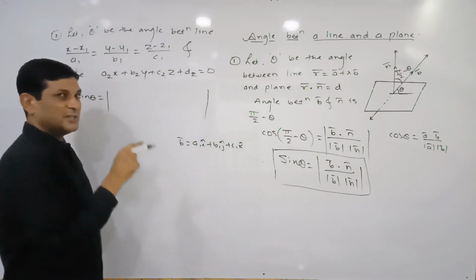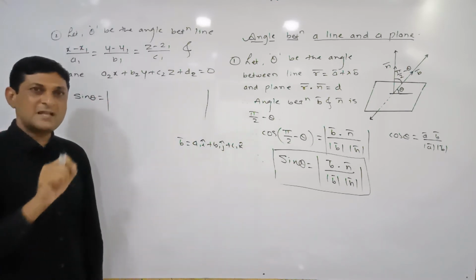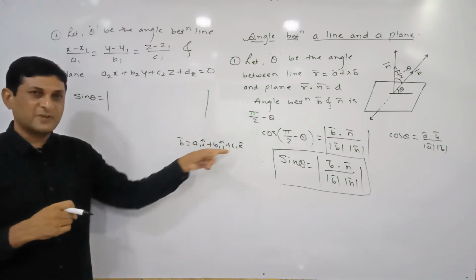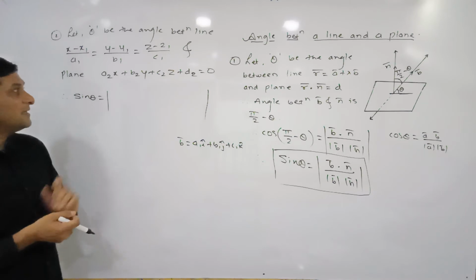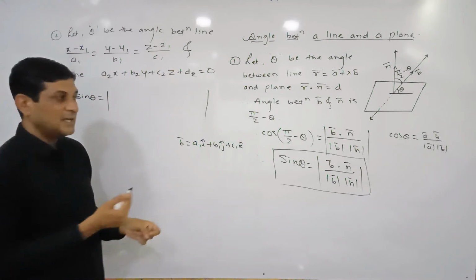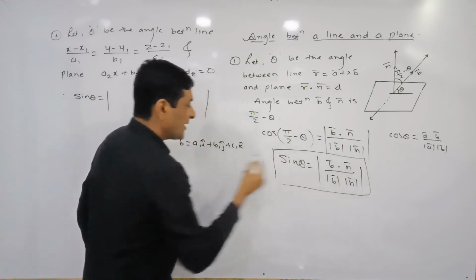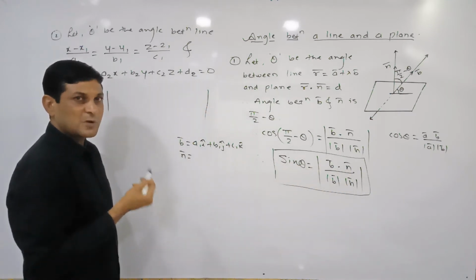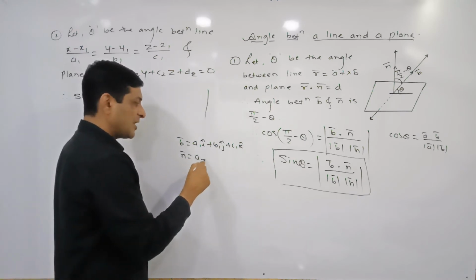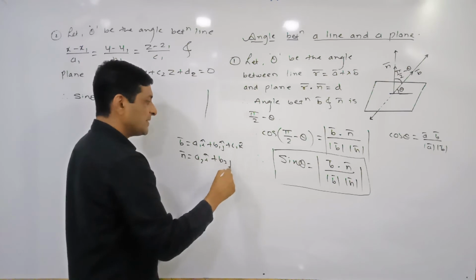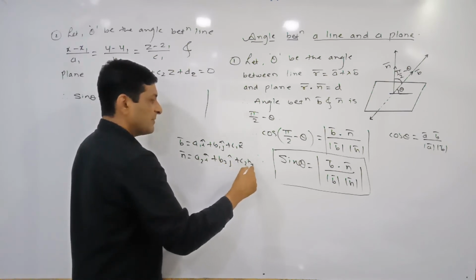Once the direction ratios are known to us, we are able to define the vector along the line. And these a2, b2, c2 are the direction ratios of the normal, and the vector along the normal we have denoted by n bar. Since the direction ratios of the normal are known, the vector along the normal is defined as a2 i cap plus b2 j cap plus c2 k cap.